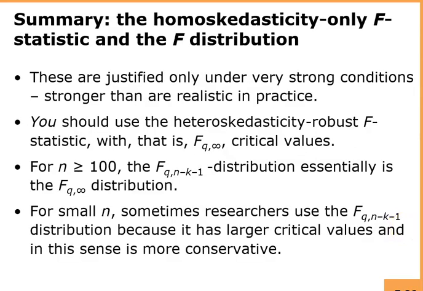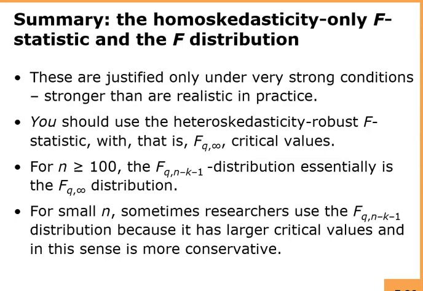So just to summarize, the homoskedasticity-only F-statistic is justified only under very strong conditions of no heteroskedasticity. And the other point is that when n is greater than or equal to 100, this distribution actually converges to the heteroskedasticity F distribution.